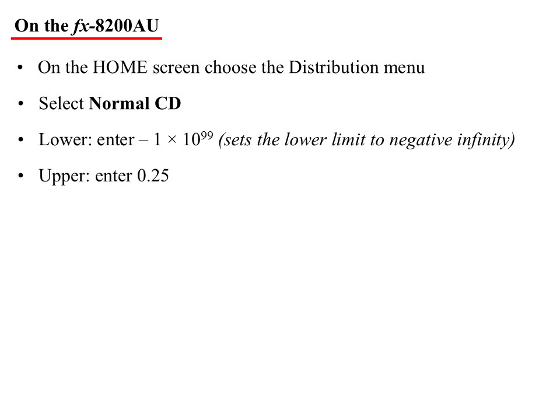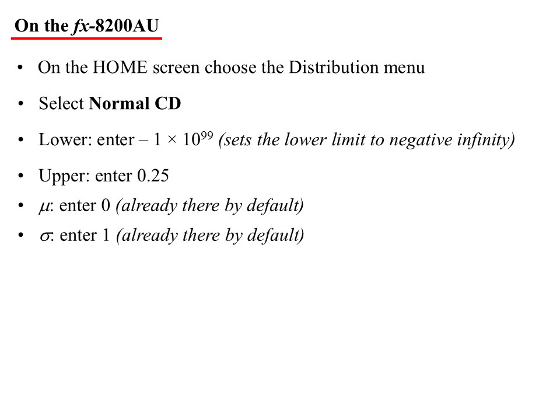But then you have to tell it the upper end, that's the one you want to find, so 0.25. Then you type in the mean, but I'm pretty sure it's there by default, so 0 should already be there.